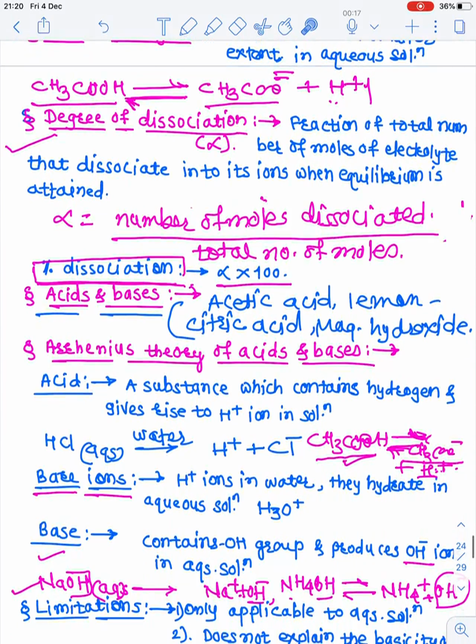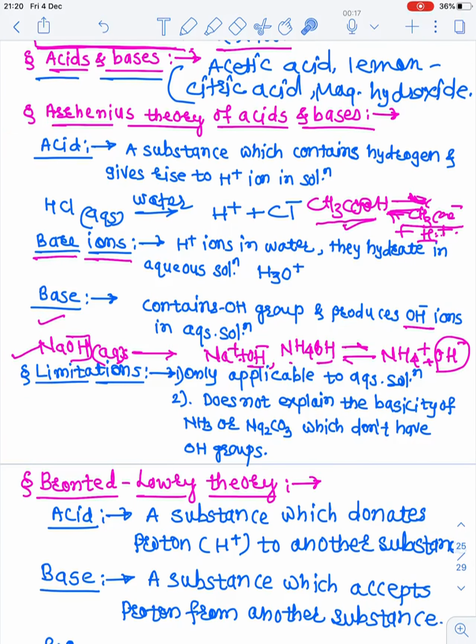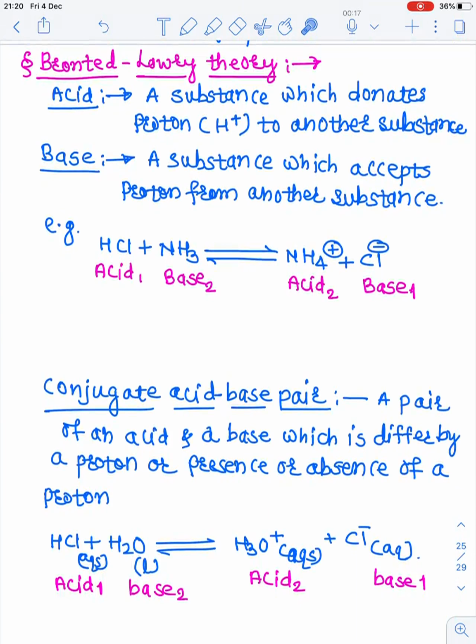Then we moved towards the acid base concept, started the Arrhenius theory of acids and bases, and saw the limitations of Arrhenius theory. Now in today's lecture we are going to see the Bronsted-Lowry theory of acids and bases.